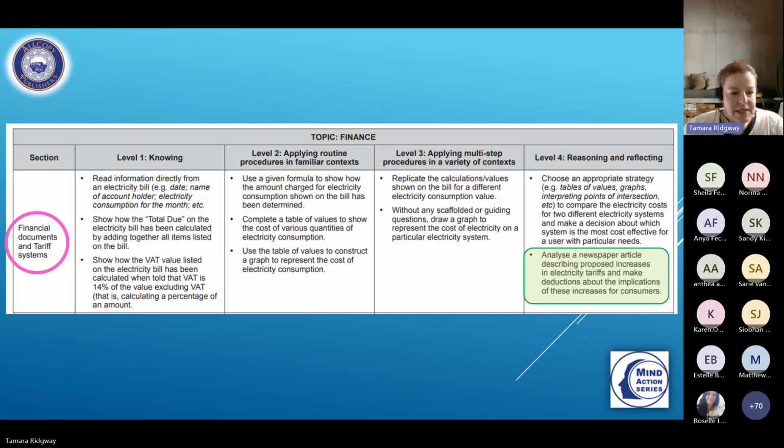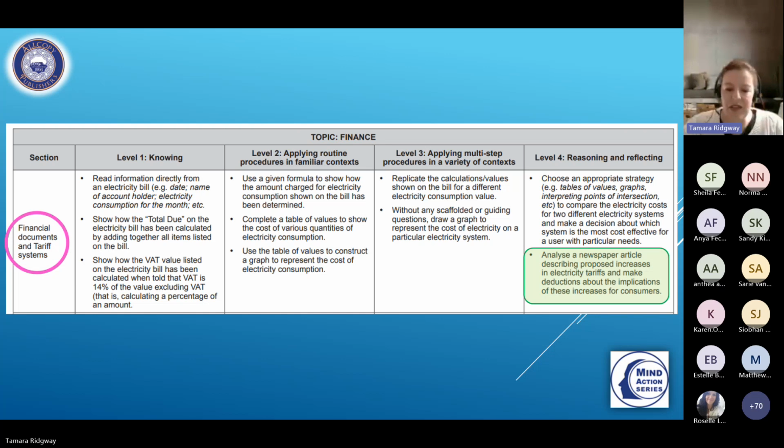Nearly there. If we take the whole of finance and we look at the cognitive thinking levels, which is in the CAPS document, and we now focus on the cognitive thinking levels associated with financial documents and tariff systems, we see that it basically enters under level 4. Look, there's lots you can do with level 1, 2, and 3, but level 4, our reasoning and reflecting, is when you analyze a newspaper article or something else describing proposed increase in electricity tariffs and make deductions about the implications.